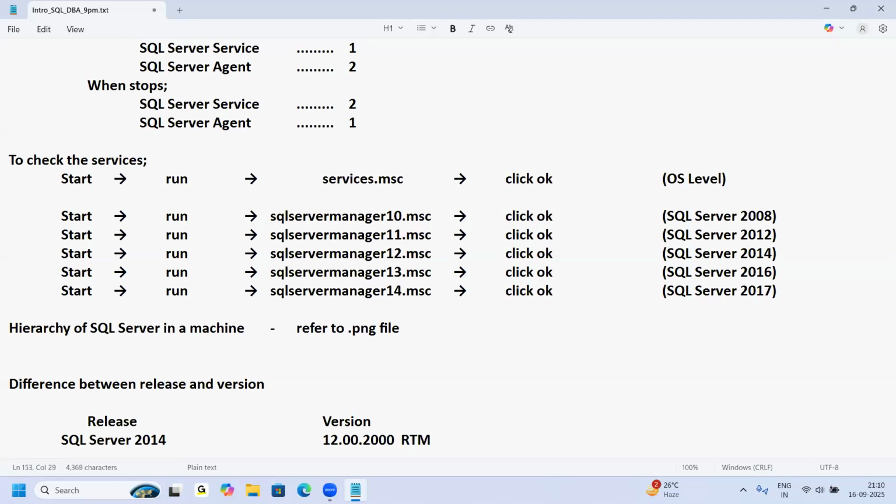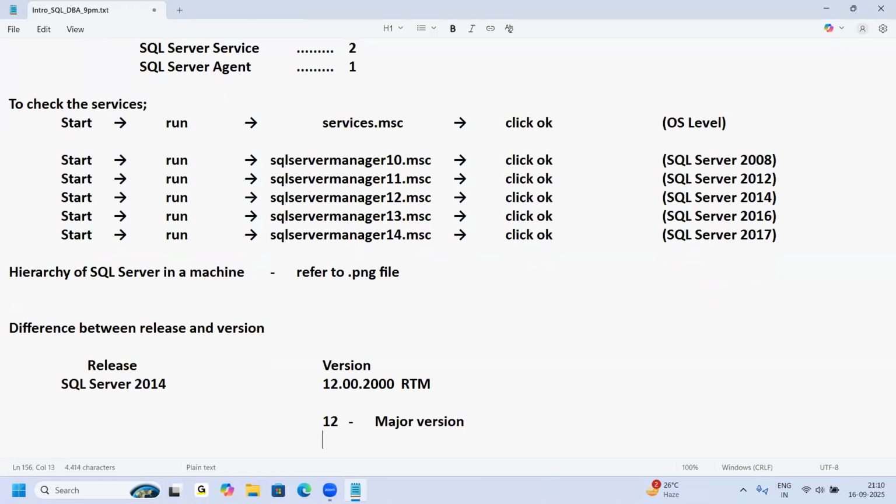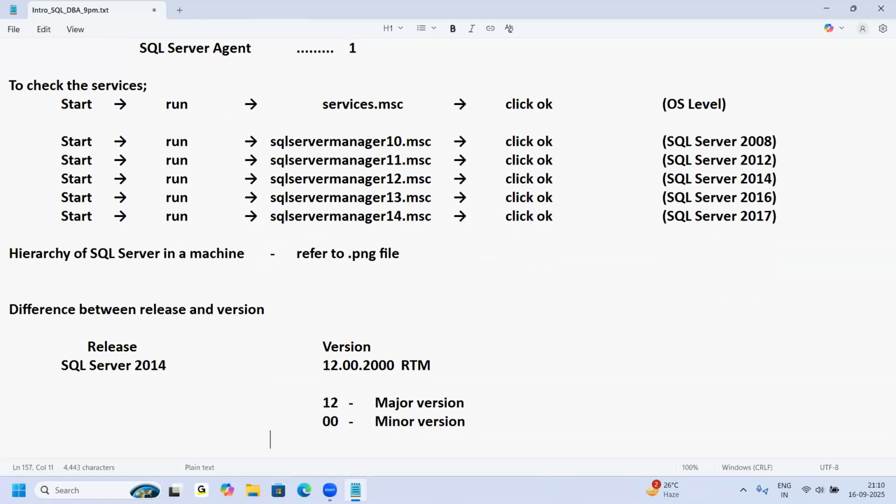What is 12? 12 is called major version. 00 is called minor version. 2000 is called build version, or you can call it patch.